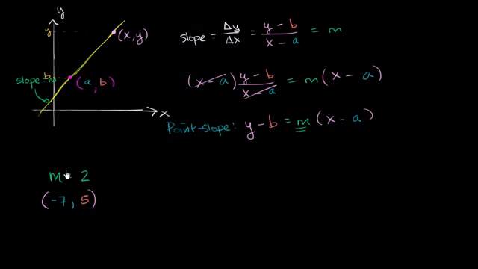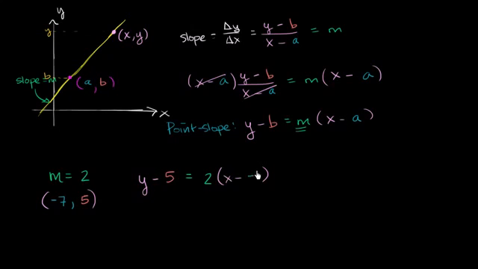You would just say, well, an equation that contains this point and has this slope would be y minus b, which is 5, so y minus the y coordinate of the point that this line contains, is equal to my slope, 2, times x minus the x coordinate that this line contains.